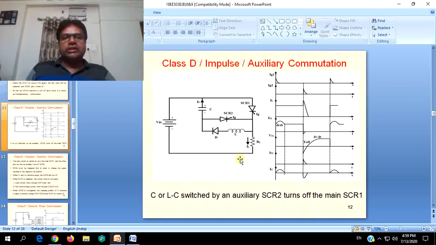How it works, we shall go through the procedure, and accordingly the waveforms will be there. Just go through them according to the procedure: when the gate triggering pulses are given, with load current assumed to be constant, how the SCR current flows, how the capacitor current is flowing, what about the voltage drop across the SCR, and then during the turn-off, how the reverse voltage is applied, all those things.